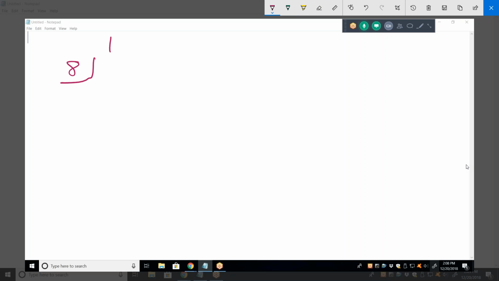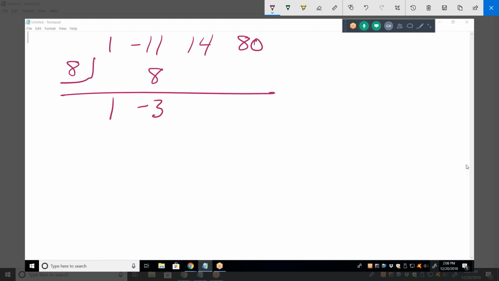And the top was 1, minus 11, minus 14, and 80. And we got 1, 8, minus 3, minus 24, minus 10, minus 80, producing a 0. And the question is what is the answer? When you divide that original polynomial by x minus 8, what is the answer?